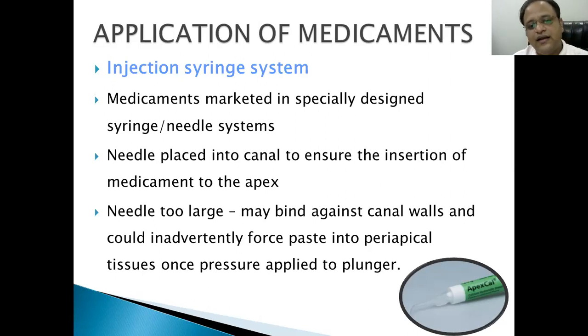Also, a good volume is injected. That means less is wasted in mixing on a glass slab, and exactly the amount that you require to fill the entire canal is injected within the canal space.